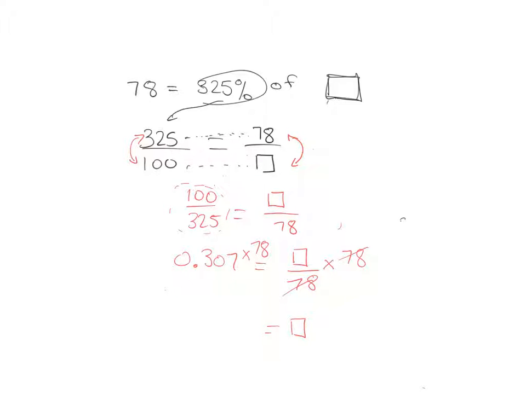We can go back to our calculator here, and what we're going to do is multiply 0.307 by 78, and you end up getting a value here of something very close to, or if not exact, depending on how many decimals you had, of 24. So the answer to this question is actually 24. So if you took 325% of 24, that would give us an answer of 78.